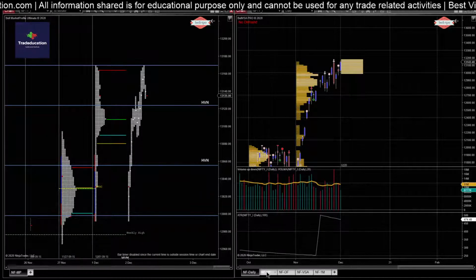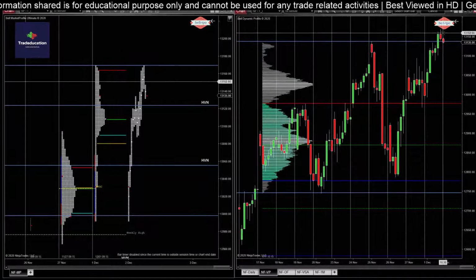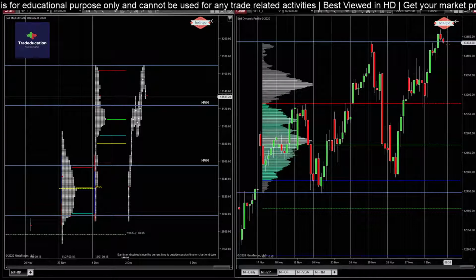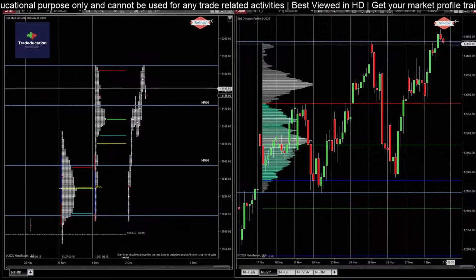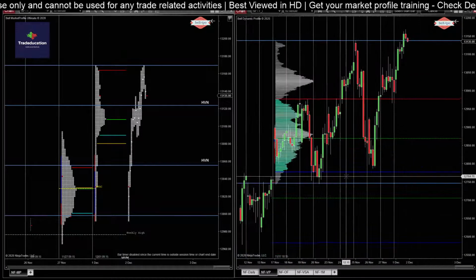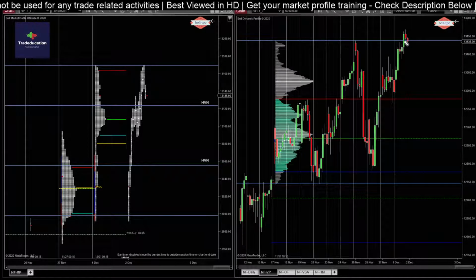Okay. So from the volume profile chart, it's pretty evident that we are currently closed above the balance high. So we need to see further continuation to the upside. So let me minimize this, so that way we get some clarity. So what I mean by that is the auction is closed.